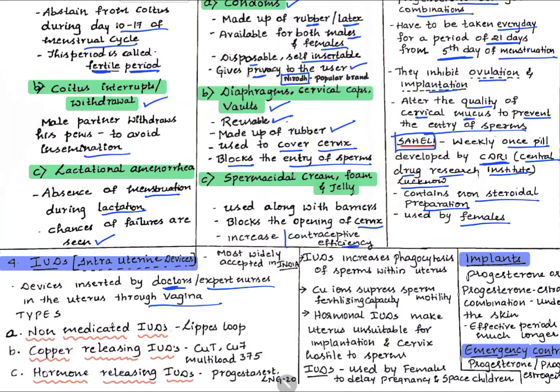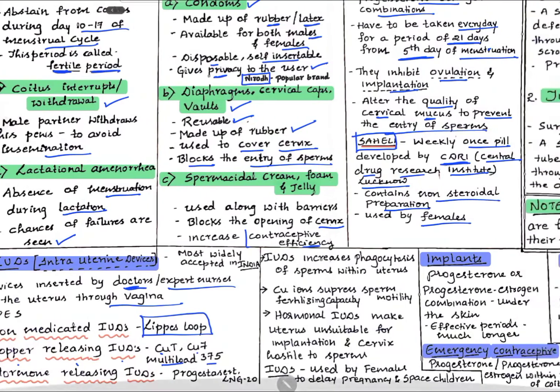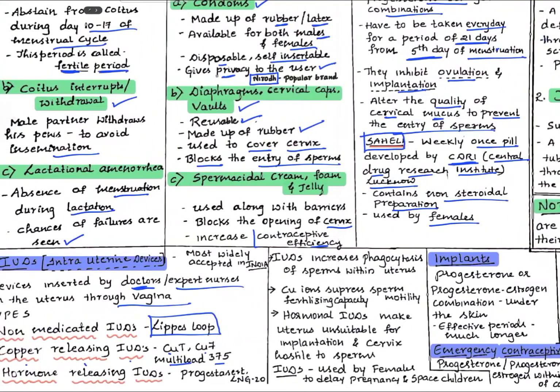First is non-medicated IUDs, in this Lippes loop. Second is copper releasing IUDs, in this Copper T, Copper 7 and Multiload 375. Next is hormone releasing IUDs or hormonal IUDs, in this Progestasert, LNG-20.